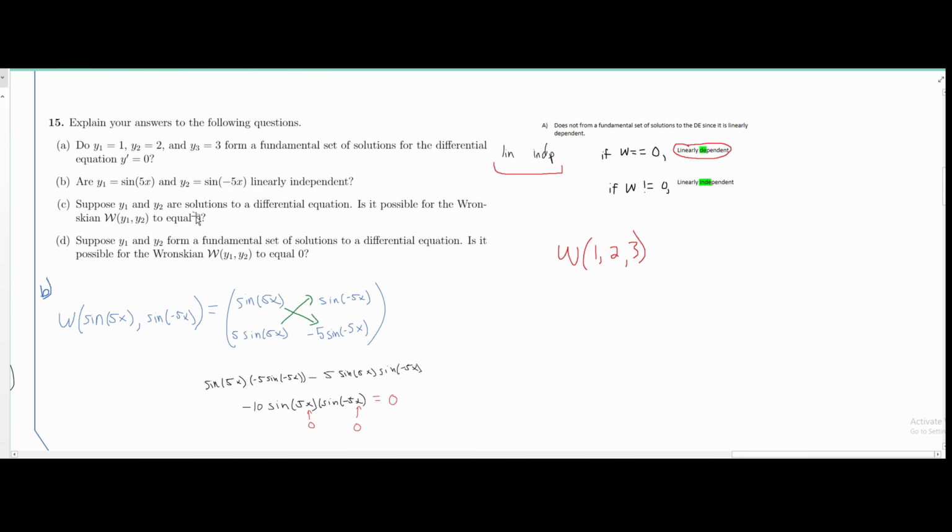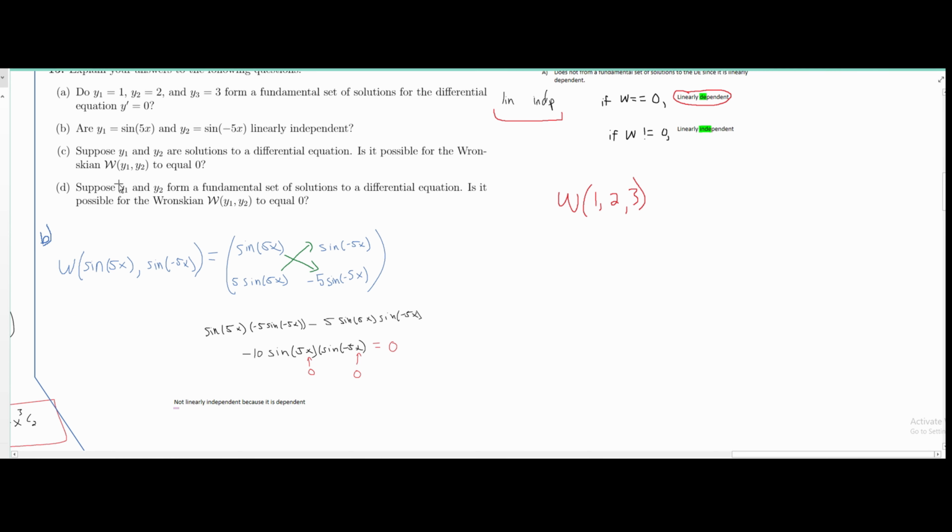So when it asks, can it equal 0, that means yes, it can equal 0. There is a possibility that for some y1 and some y2, it does equal 0. So yes to this, but the solutions will be linearly dependent and cannot be linearly independent.